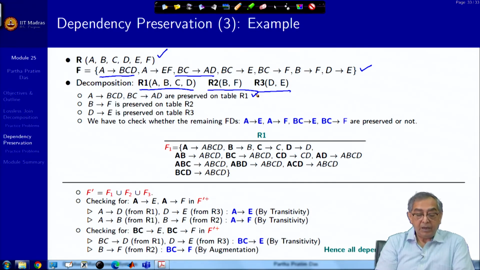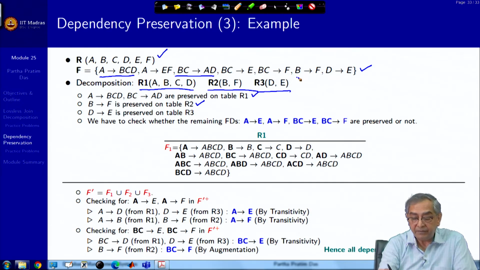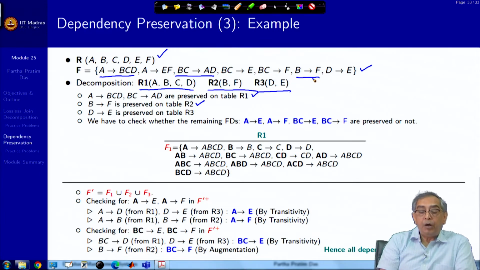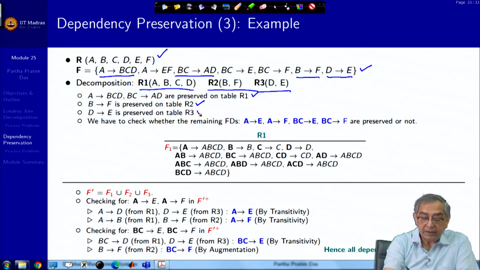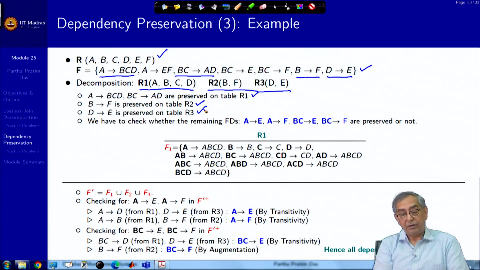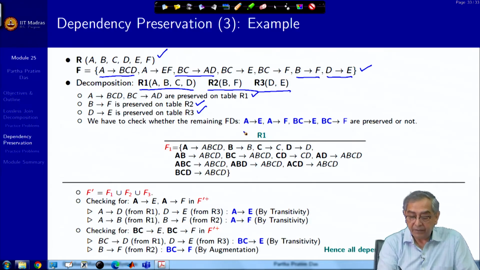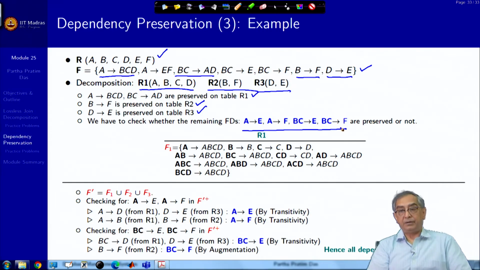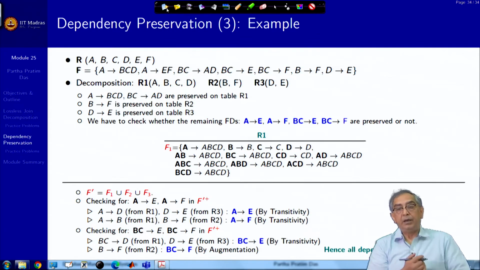B determines F, so on R2 you will have B determines F. D determines E can be checked on R3. Okay. So, these are directly there. So, we have to check for the remaining whether they are preserved or not. Just humanly, making the task a little easier.